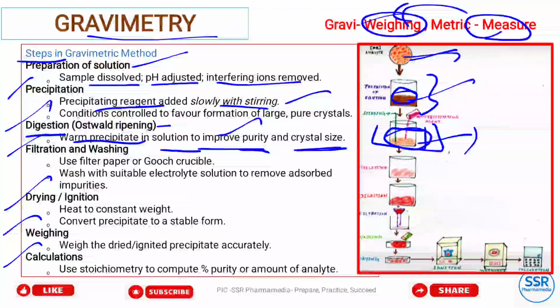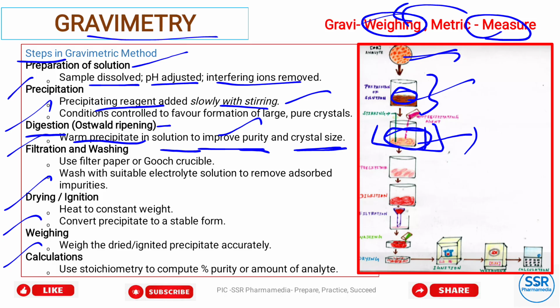This is called Ostwald ripening or digestion. Digestion means allowing the precipitate to stand along with the mother liquor for a long time, 24 hours or overnight.